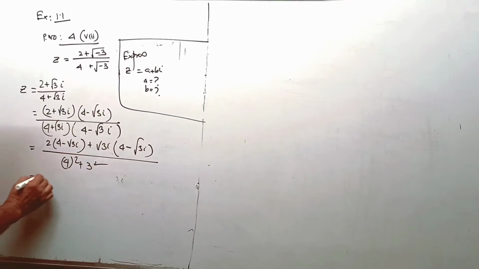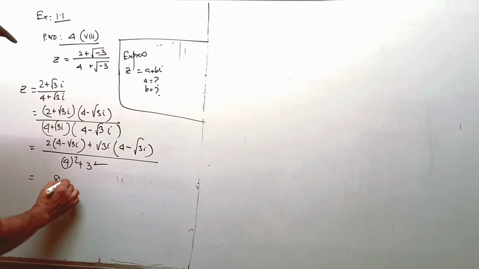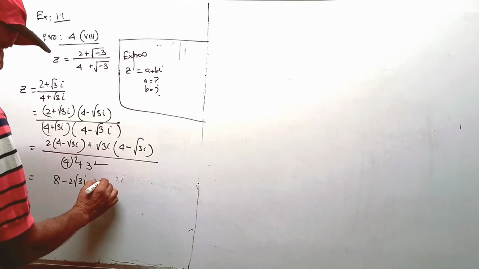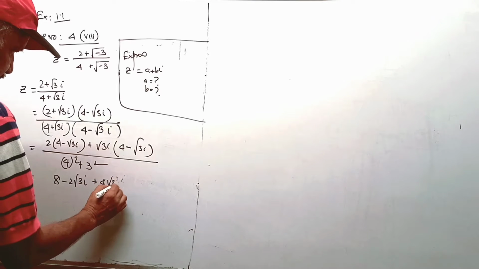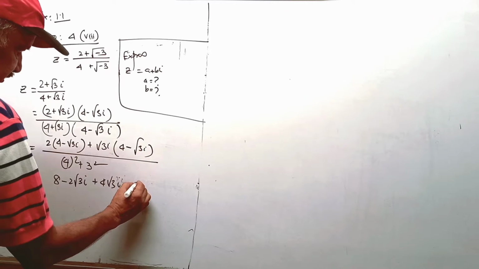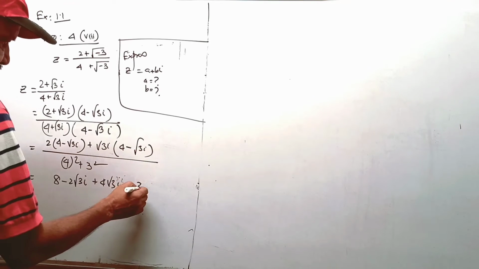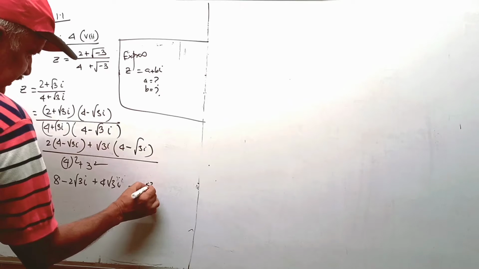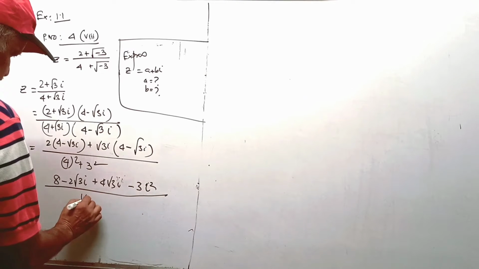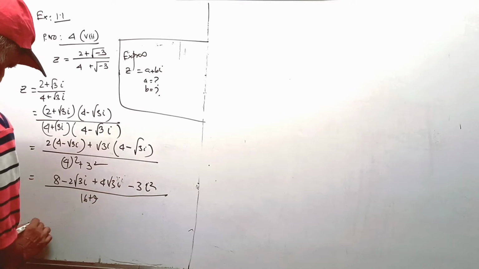So you can write here 8 minus 2 root 3i plus 4 root 3i minus root 3i whole square, which is 3 i square, divided by 16 plus 9.